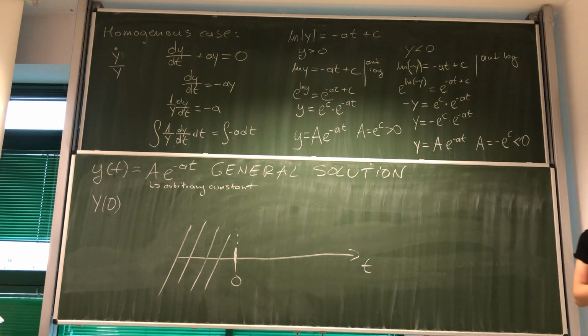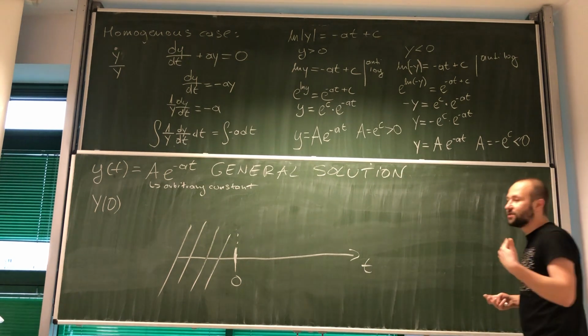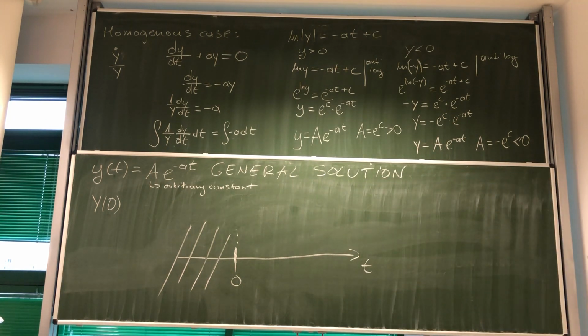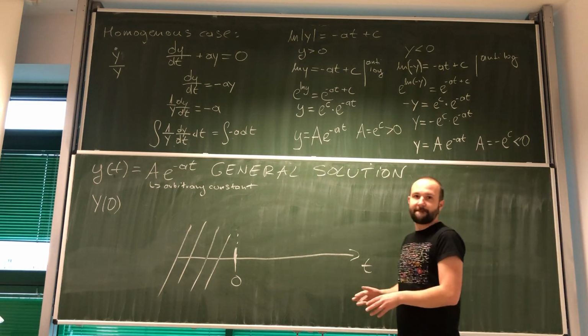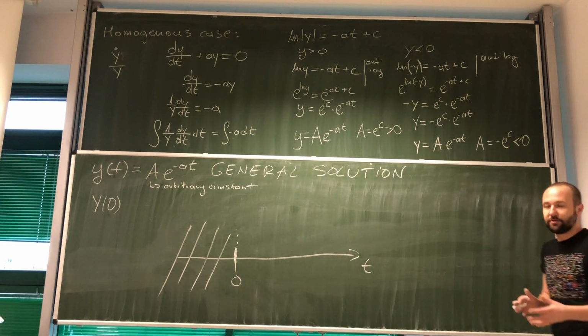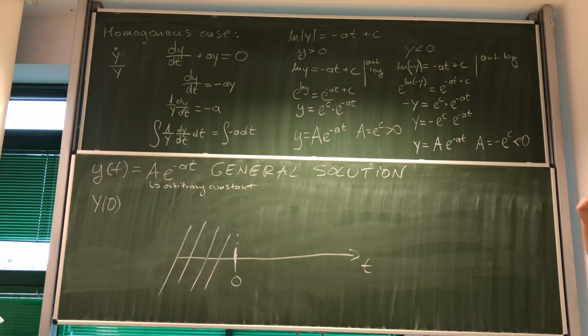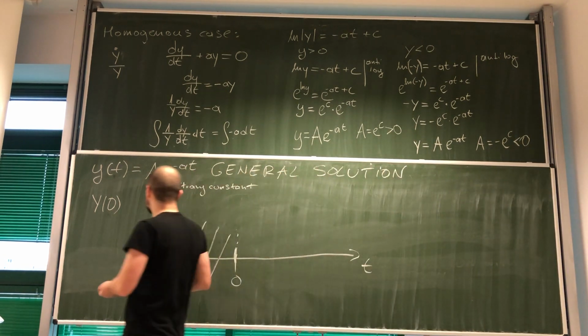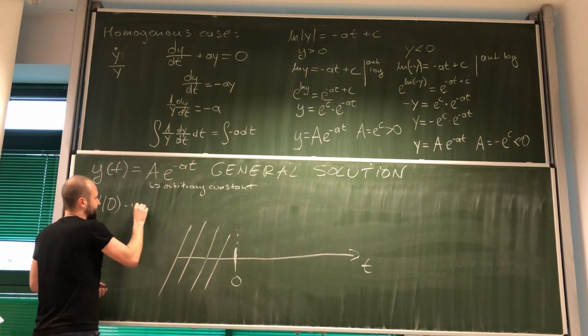When we were dealing with marginal revenue, we needed to make use of the information that total revenue is equal to 0 when quantity produced is equal to 0. And this is going to be very similar over here. So this y0 we are going to call initial condition.